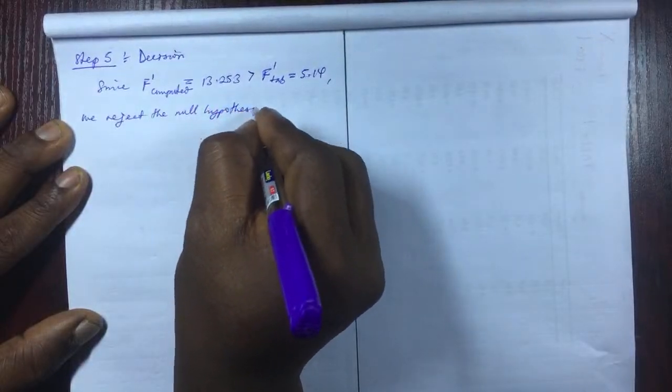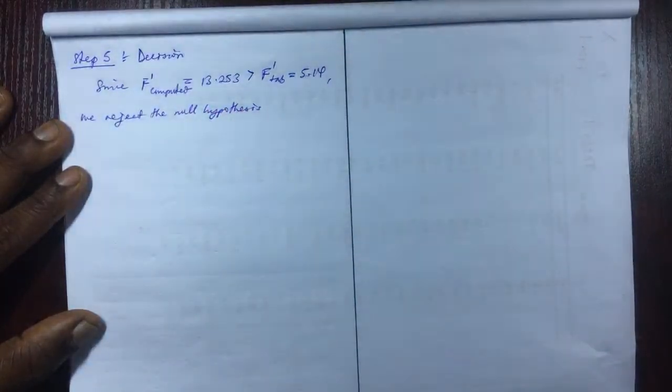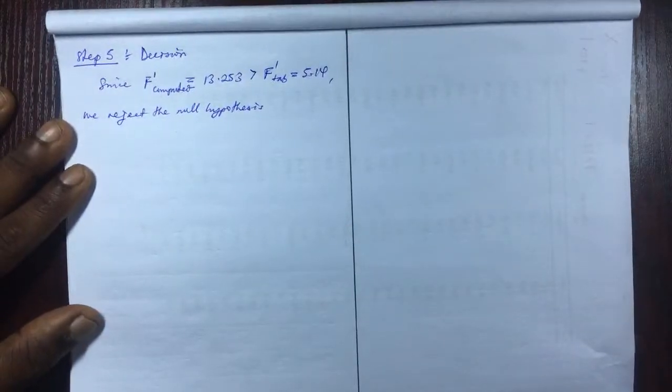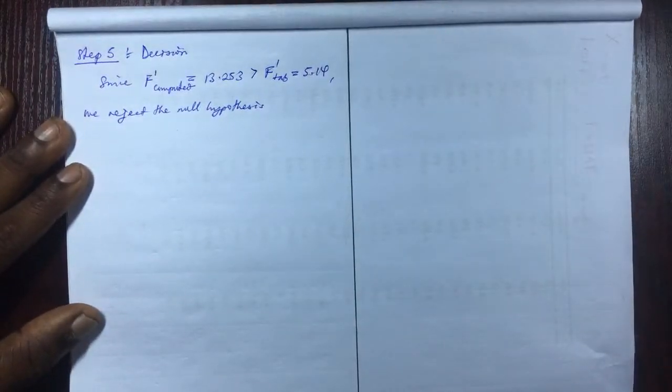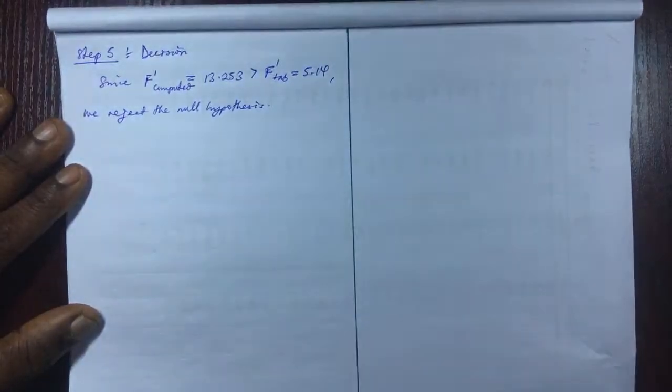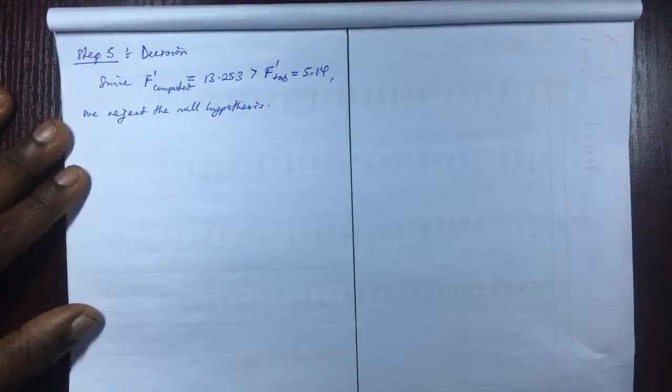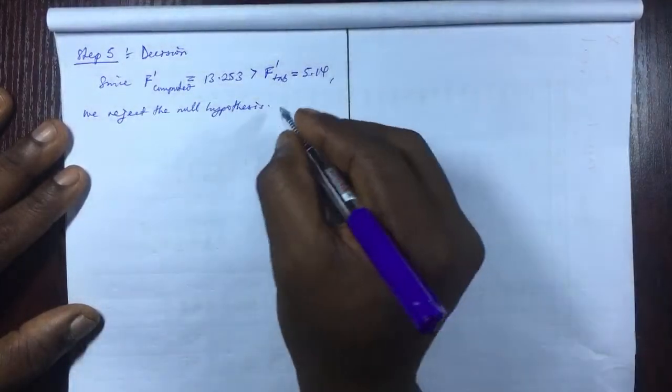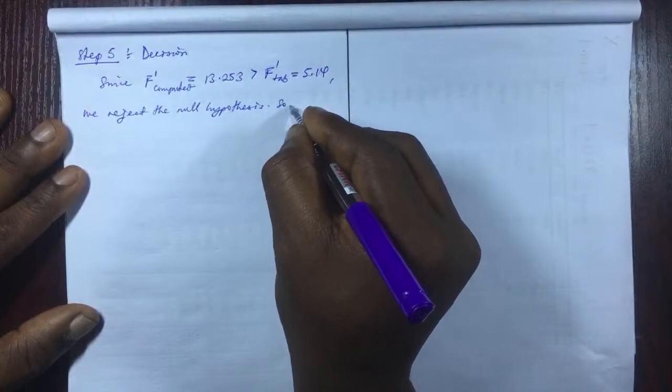But statistically, most times when we reject the null hypothesis, we don't jump into accepting the alternative. So we simply say we reserve judgment, okay? Because an increase in sample size can influence the outcome. So we usually would go with reserving judgment.